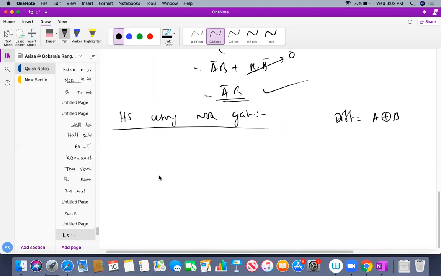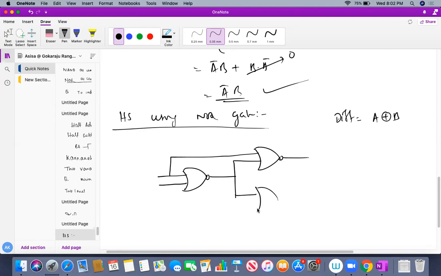It's very simple. You see here what I am doing. So this is my NOR gate. I'm taking the same way I have taken before. I'll explain, don't worry. This is my NOR gate, and this is my NOR gate again.